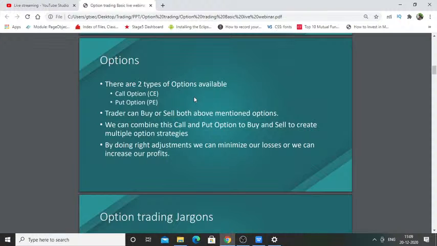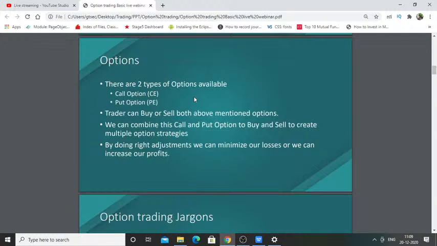I read somewhere that around 400 option strategies are available in public forums itself. Apart from that, there are many option strategies which are not available to the public, and some people trade them for their own purposes.